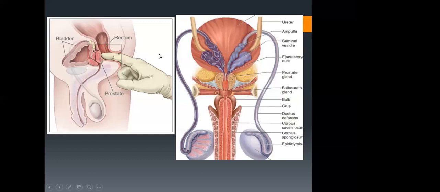Now, this particular image, most urologists, this is what they perform. We call it the digital rectal examination. Just using your finger, through the rectum, you can feel the prostate. One time I made a mistake and wrongly measured the prostate volume.